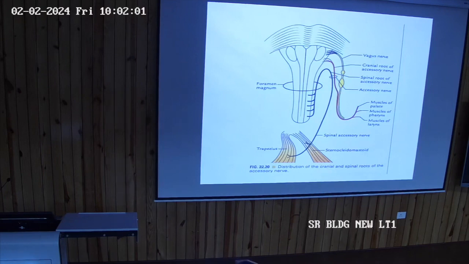So you can test the sternocleidomastoid, but how will you test the trapezius? The trapezius does the shaping of the shoulder. So to test the sternocleidomastoid and trapezius, the doctor keeps pressure on one side of the shoulder and asks the patient to tilt his head towards the distant side.